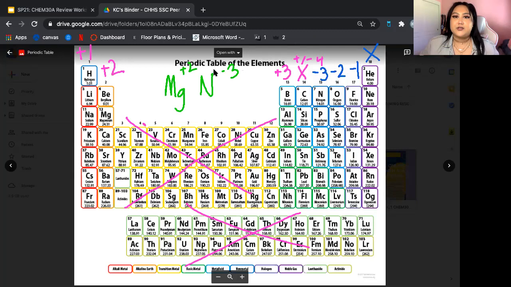You would put this 3 down here, and put this 2 on the nitrogen, because the goal is to have a net charge of 0, right? So there would be 3, and this would have 2. So +6 and then -6. So would the charge be +2, -3, according to the periodic table? Yes. Okay. Thank you. No problem.